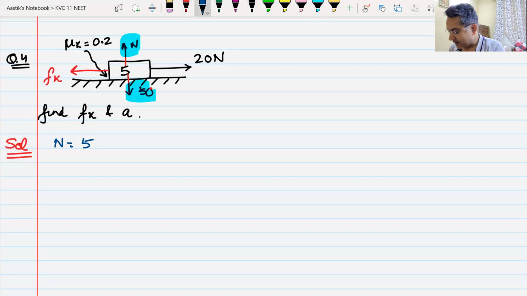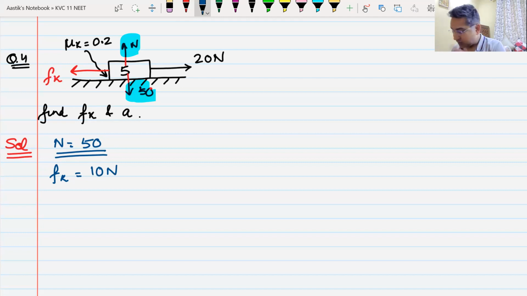The value of normal reaction is 50 newtons. Then I can find out the value of frictional force. How much is the value of frictional force? Ten newtons. Great.